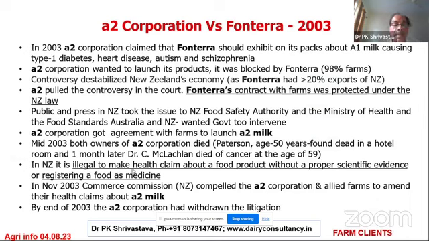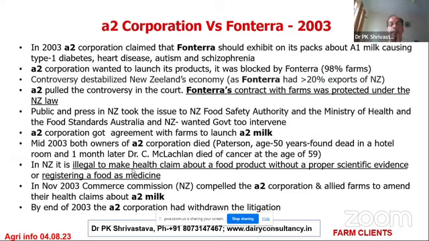Similarly, in New Zealand, it is illegal to claim that this food product, milk, has a medicinal value, which Dr. Maclan wanted to prove, that A2 milk has a medicinal value.